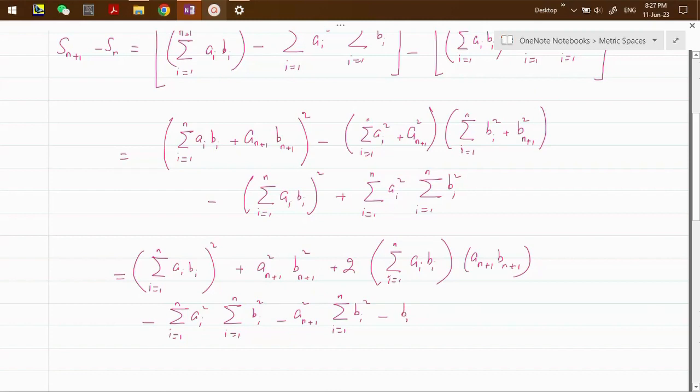minus b(n+1) square into summation i from 1 to n ai square, and then ultimately we shall multiply this one and get minus a(n+1) square into b(n+1) square.